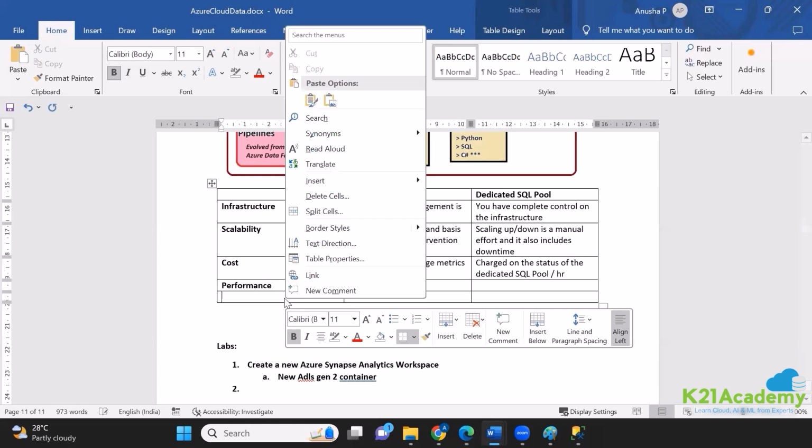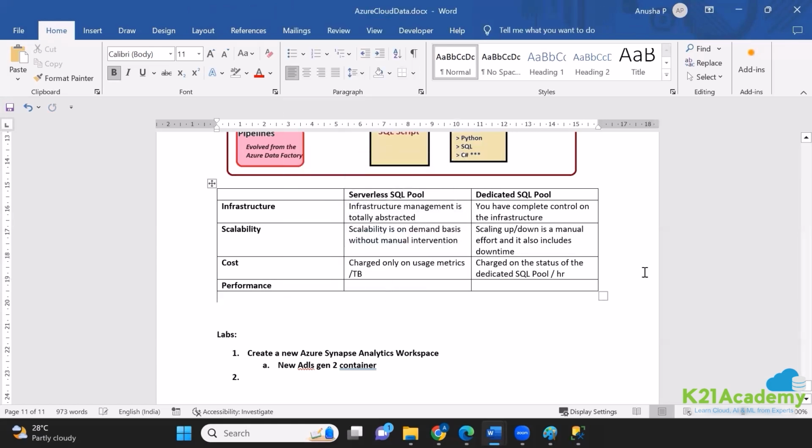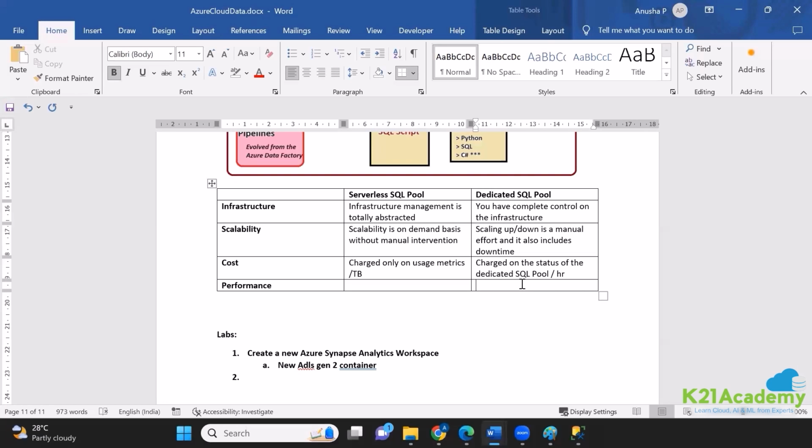So let's keep flexibility. The last item is the performance. Now, which one is more reliable? It is definitely going to be your dedicated SQL. You're paying extra for the service. You're customizing it based on your requirements. So the performance for this can be counted on, right? So it is reliable. But serverless SQL pool is coming from your shared resources.